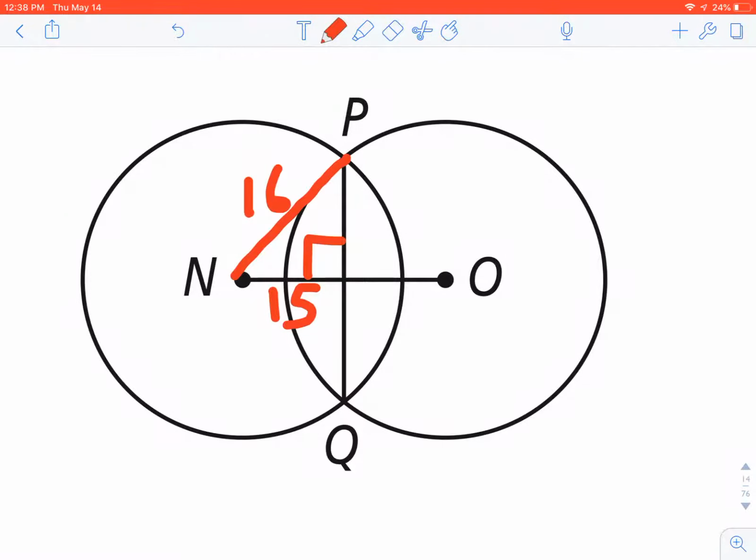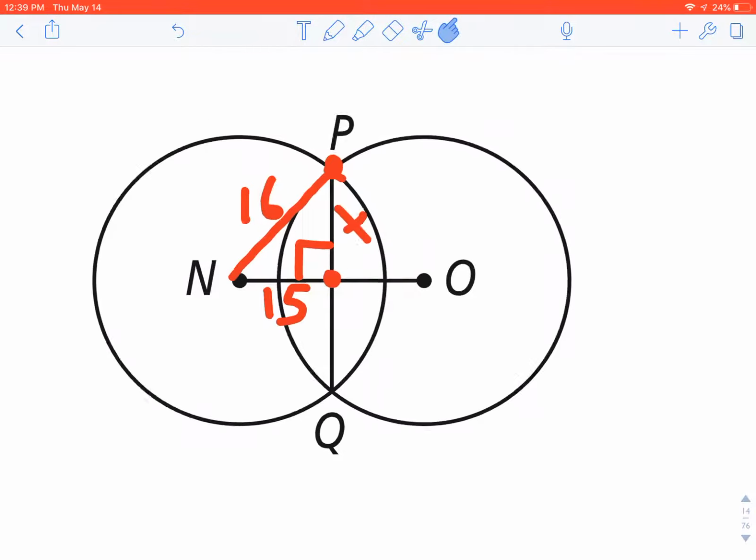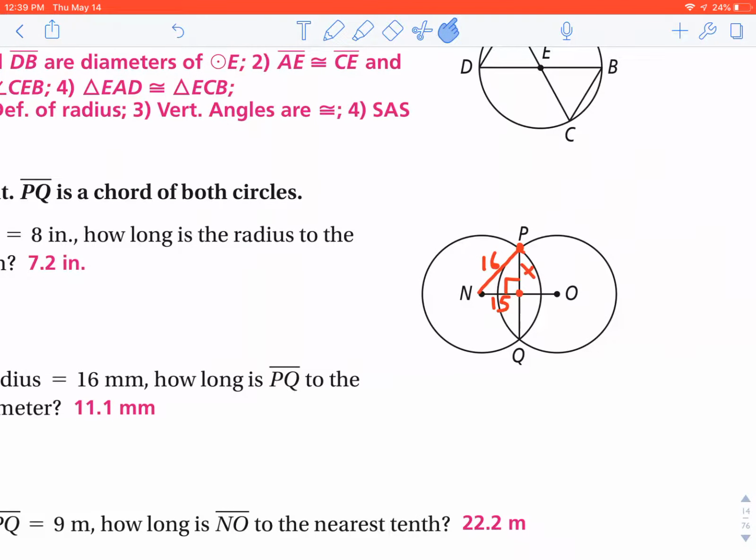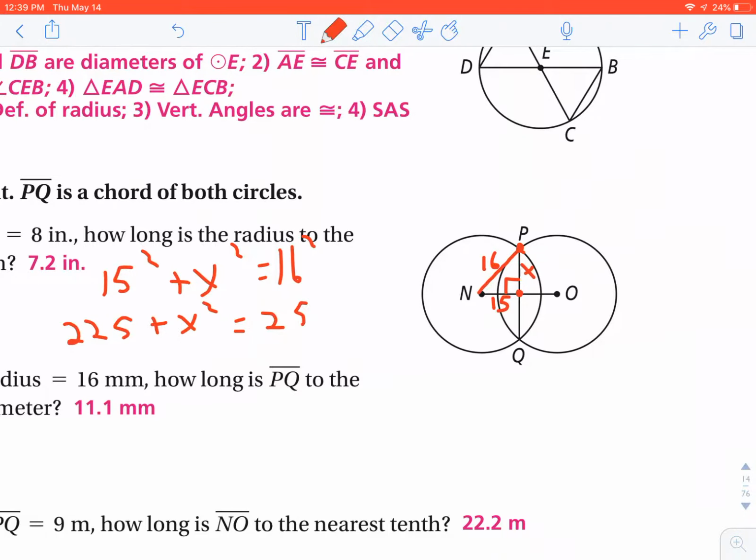The radius, they told you, was 16, and they're looking for the length of PQ. Well, if you use Pythagorean's theorem, that's only going to give you half of PQ. So you find x that way, and then double it, and you get the full length of PQ. So, again, using Pythagorean's theorem, I'm going to have 15 squared plus x squared is equal to 16 squared. 15 squared is 225, plus x squared is equal to 256.